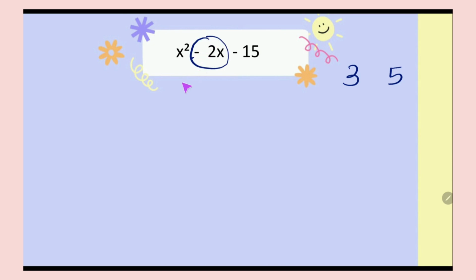This term is a negative 2. When you have a negative 2, the factors of this should make a negative 2. That means you should have a negative 5. So negative 5 and positive 3 makes negative 2x.